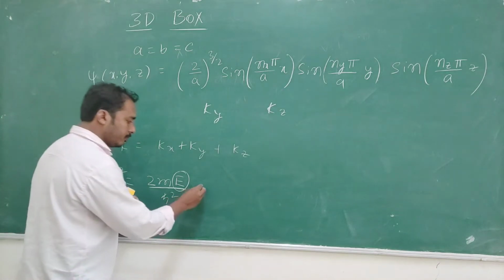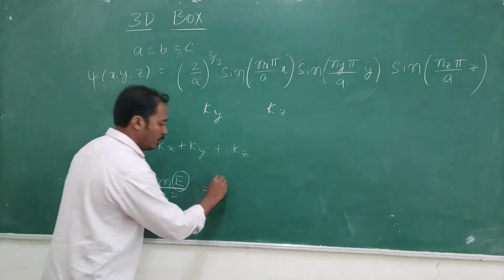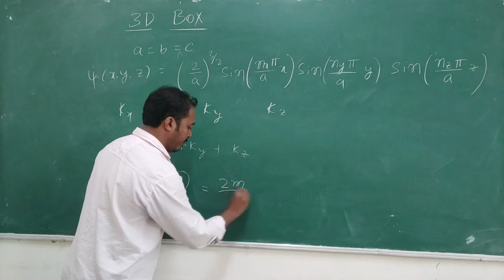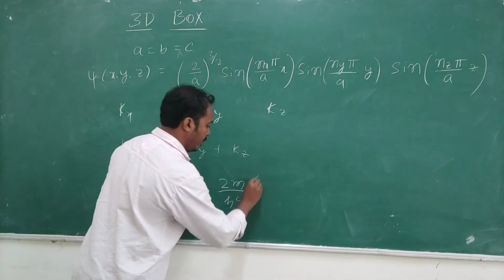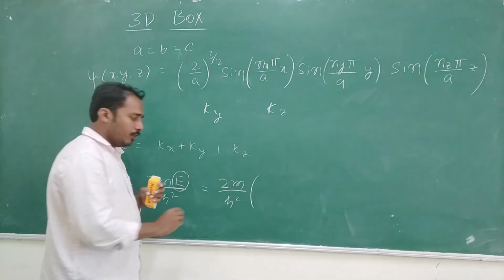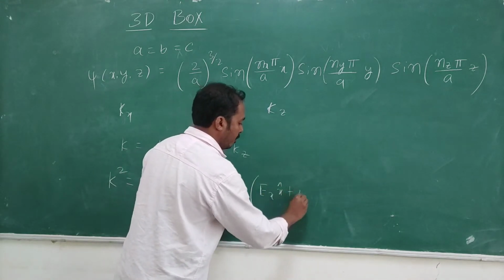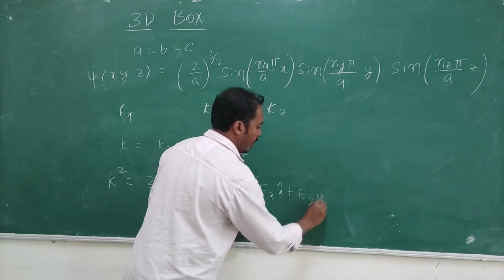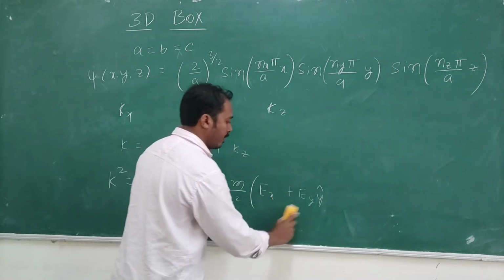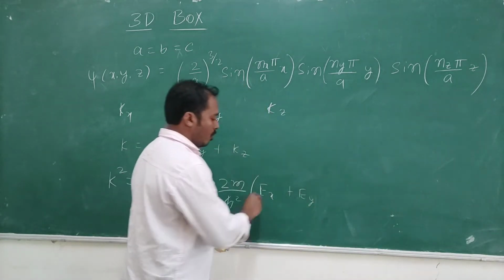So I write 2m divided by h-bar square into E is equal to E_x plus E_y.